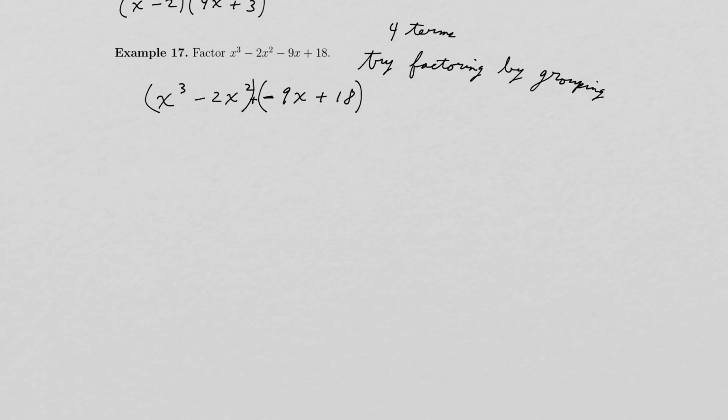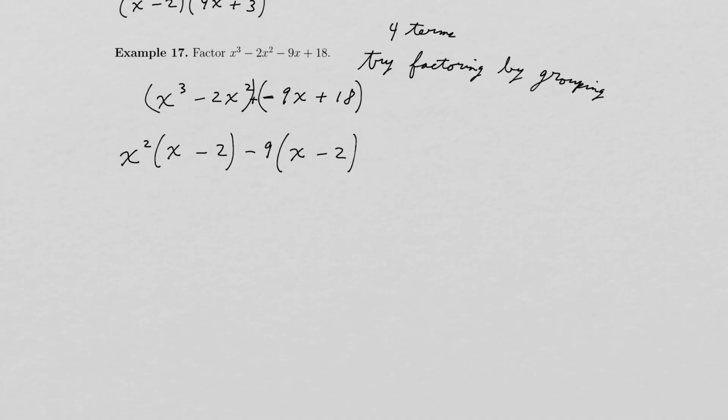So now, what can I factor out of the first term? Well, I can take out an x squared, and I'm left with x minus 2. Is there something I can factor out of the second term so that I'm left with an x minus 2? Yeah, if I pull out a negative 9, I'm left with an x, and a negative 9 times what will give me positive 18? A negative 2, right? So I'm left with x minus 2.